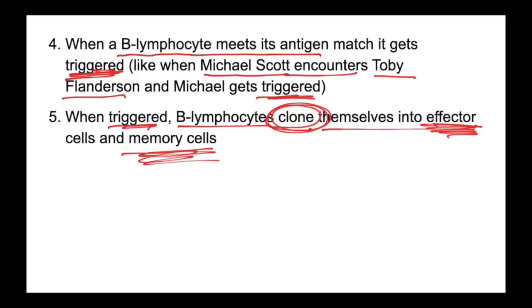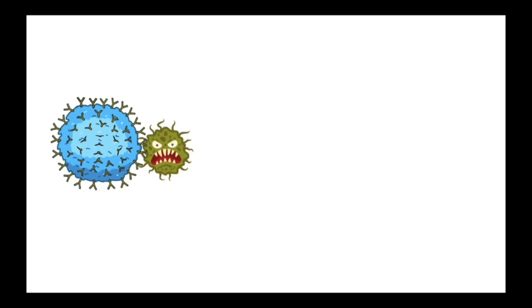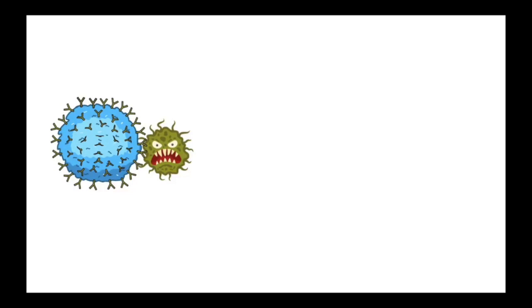Okay? So watch this. So there's our B lymphocyte. Virus comes in. It recognizes, I've seen body parts like yours before. In fact, I'm an exact match to fight you and your body parts. Trigger, Flanderson, Michael Scott. And then I'll eat you up, but now I'm going to clone myself.